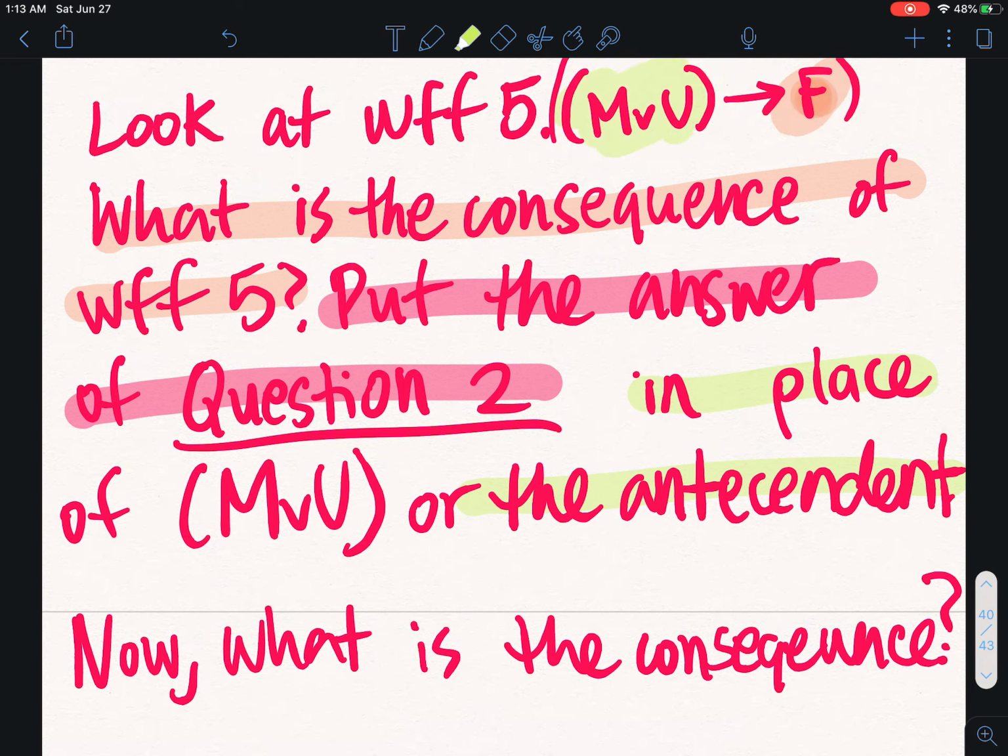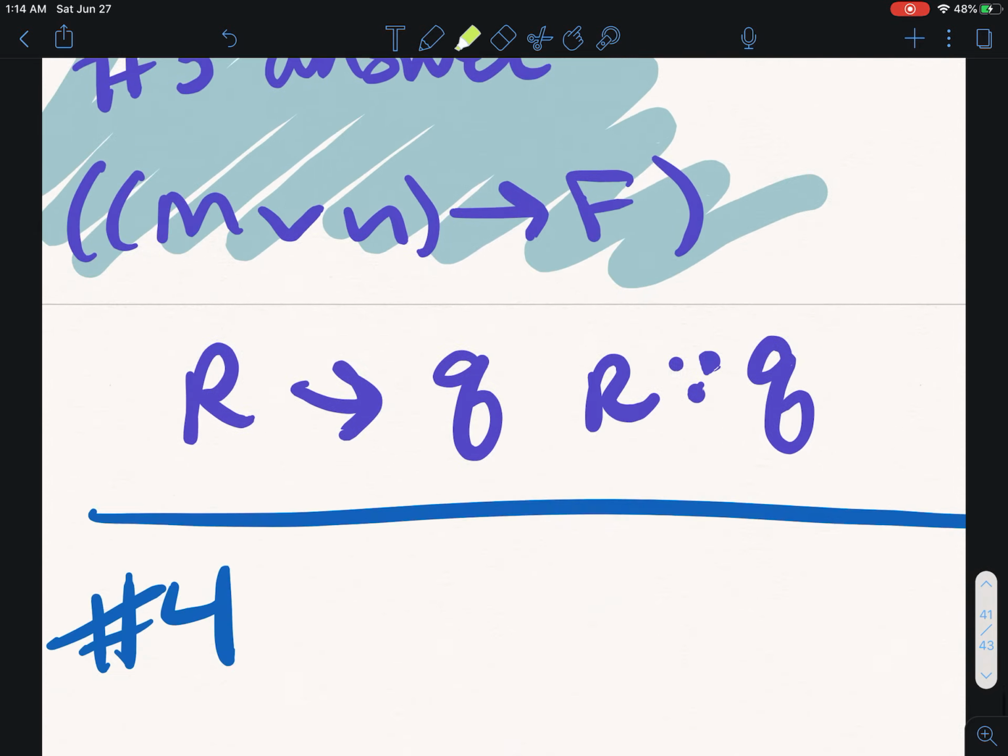This is considered the wolf needed antecedent. So put the answer to question 2 in place of this one. Now what is the consequence? Well, answer 2 is this already, so it's like a trick question, but not, and it's going to be the same thing. Okay, cool. Moving on.